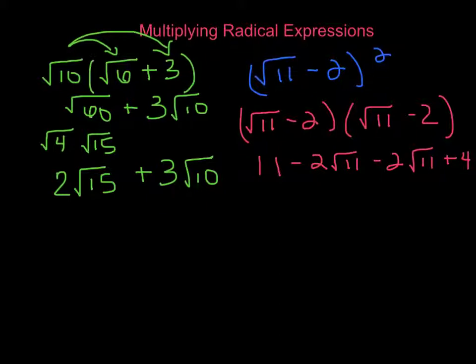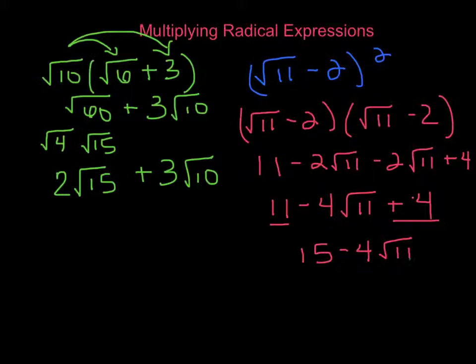Then you want to make sure and combine like terms, so this would be 11 minus 4 times the square root of 11 plus 4. And then if you look, you have 11 plus 4, so that would be 15 minus 4 times the square root of 11.